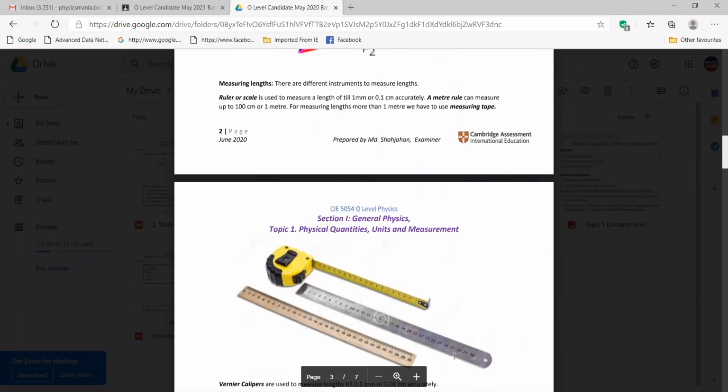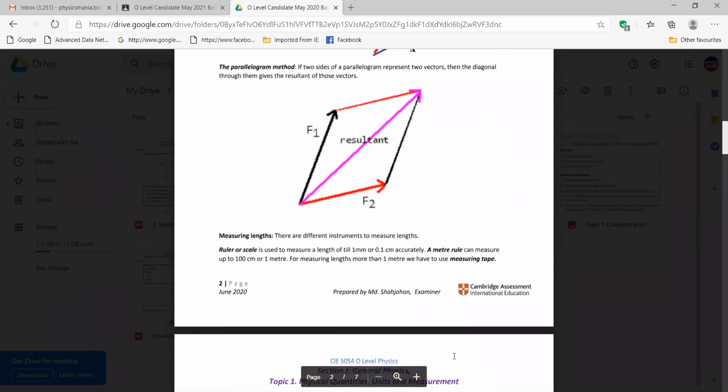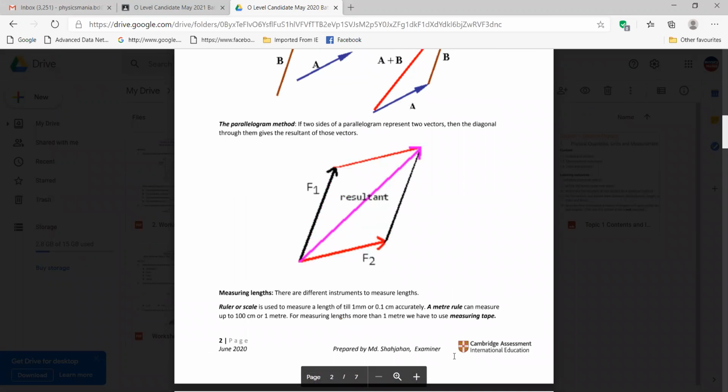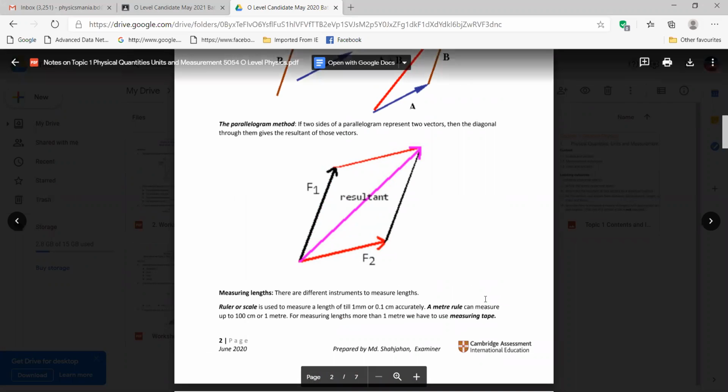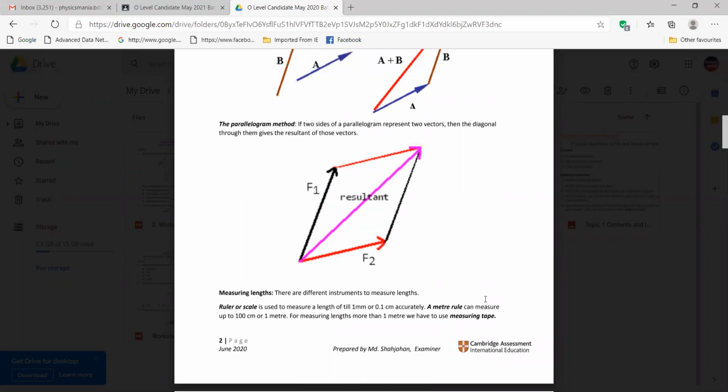So you have the ruler with you. Yes, sir. Any scale do you have with you? Yes, sir. Ruler. How long it is? 30 centimeter or 15 centimeter? 30. Okay, good. So 1 centimeter in between 0 and 1 centimeter, you see there are 10 lines, right?